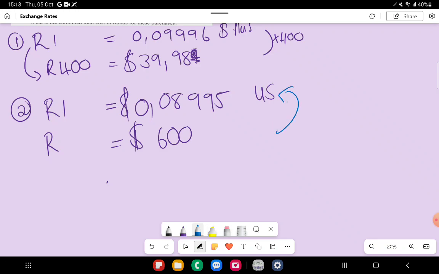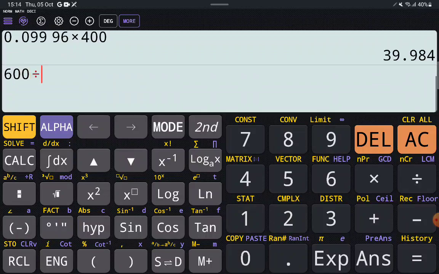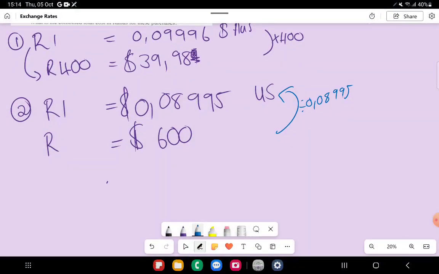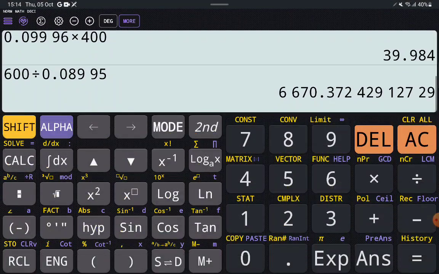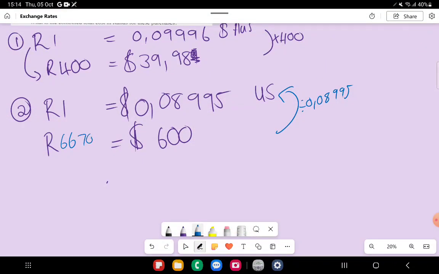So 600 divided by 0.08995 gives me 6,670 rand and 37 cents. 6670.37 is your answer there.